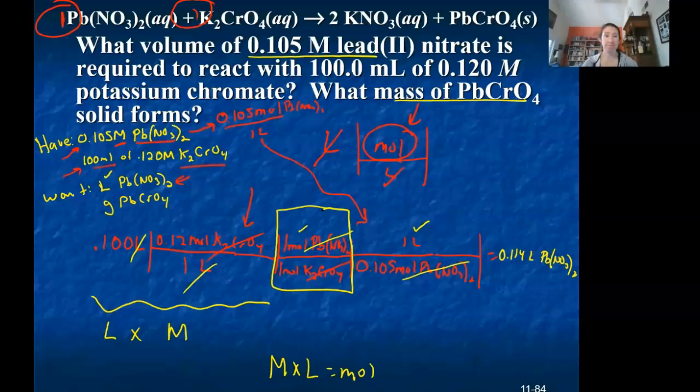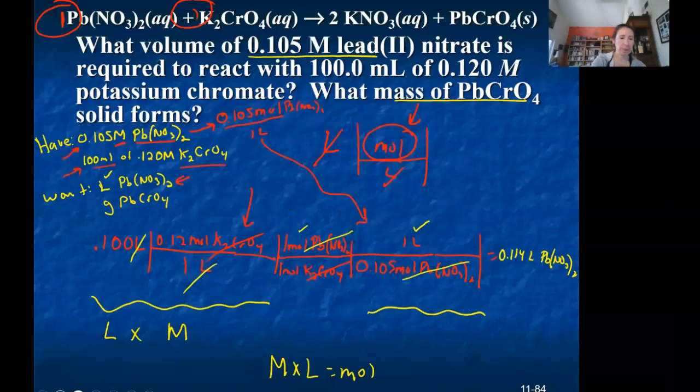All the rest we've already done, and it's just using molarity again. These three here are this chapter. The only new piece is that little thing, and it just allows us to use everything.